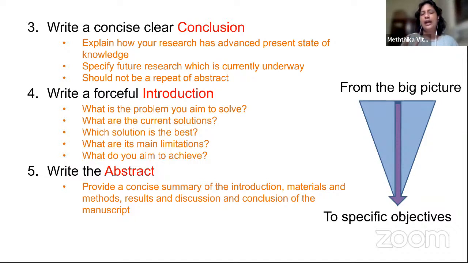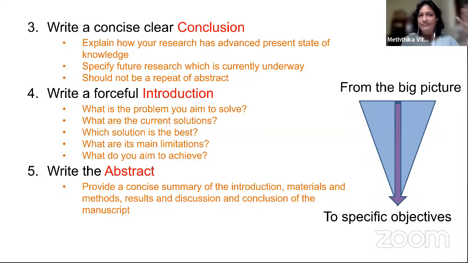Secondly, in the second paragraph, I am showing what the current solutions are. When I am writing the current solutions, I am writing the literature: how other people have tried to find solutions for this problem. So what are the existing solutions?